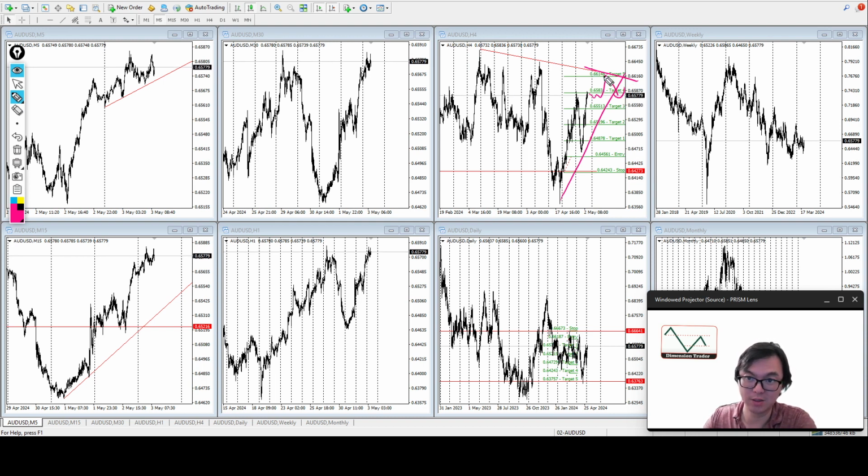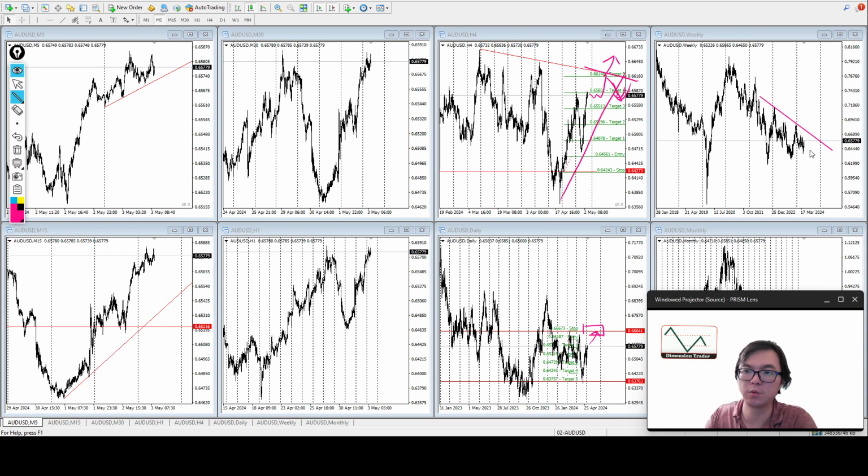If price is not breaking this trend line, it might keep going up, and we are expecting price to move to this area where we create a bigger trend line, something like this.